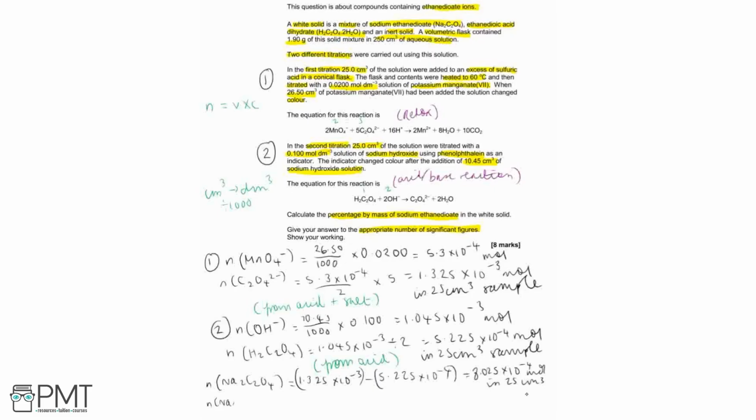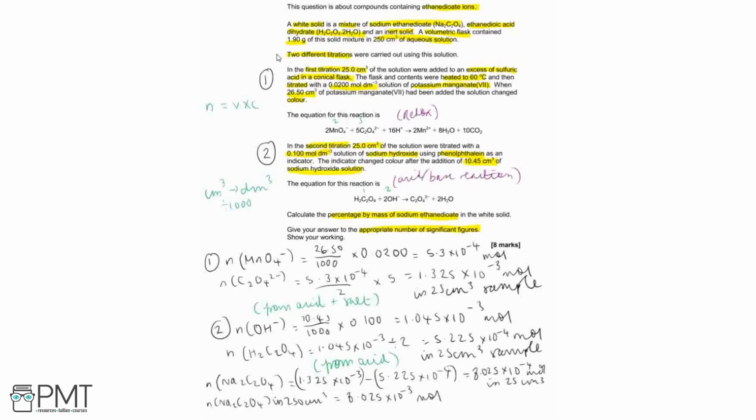So the moles now of our sodium ethanedioate in 250 centimetres cubed is just going to be that times by 10. So it's going to be 8.025 times 10 to the minus 3 moles now. So now it's all coming together at the end. We've got the moles of our sodium ethanedioate, which we have in our 250 centimetres cubed.